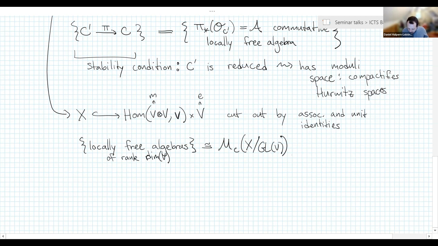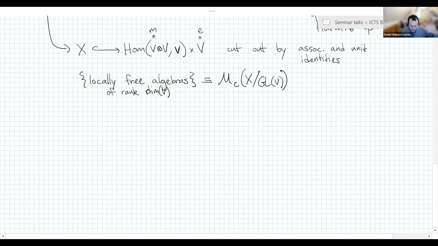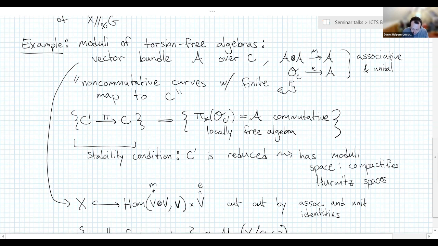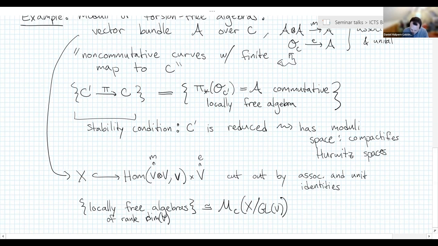The GL(V) bundle is A itself, the vector bundle, and then the section defines the product and the unit. So this is an example of the kind of moduli problem that I'm telling you about.